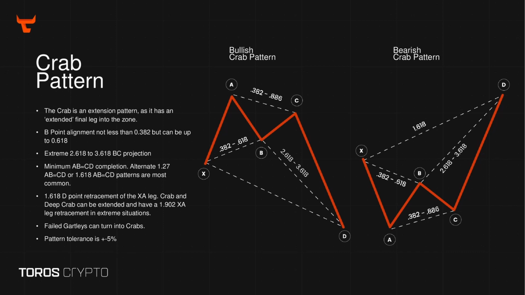The crab, from that X to A leg, you're looking at a retracement of between a 382 to a 618 before retracing up to a C point. Again, the same alignment as with all the other M and W patterns, a 382 to an 886. And then coming into that D point, you're looking at a BC projection of a 2.618 to 3.618. You're also looking at that X to A leg being a 1.618.